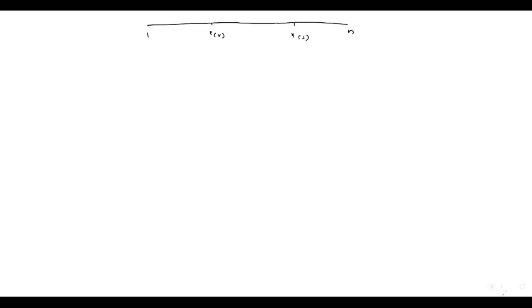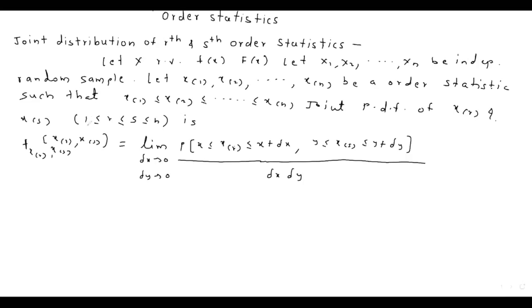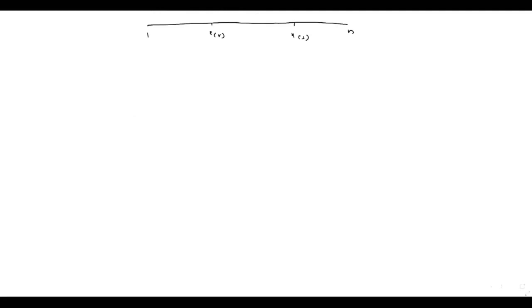It is in this manner because 1 is less than or equal to R, R is less than or equal to S, S is less than or equal to n. So this X of R is between x and x plus delta x, and this X of S is between y and y plus delta y. Getting the concept?